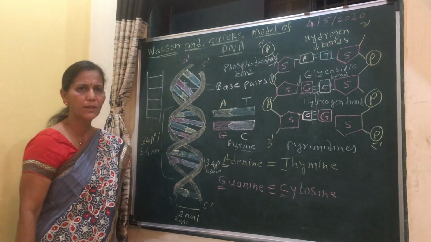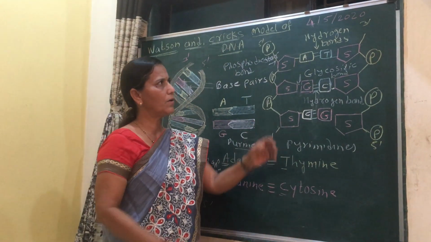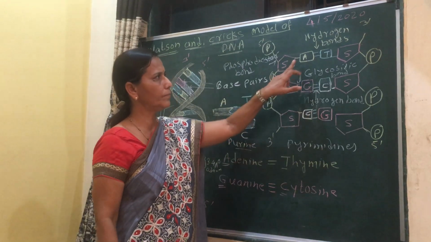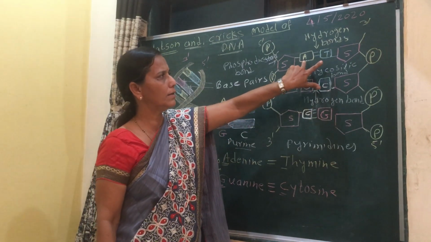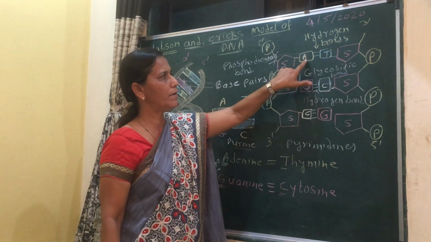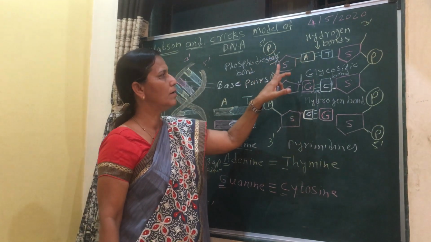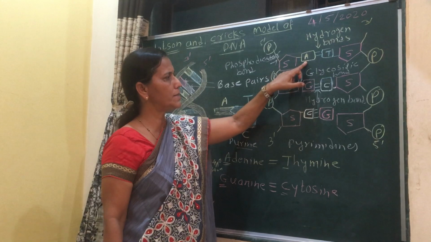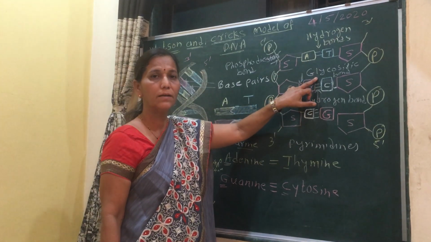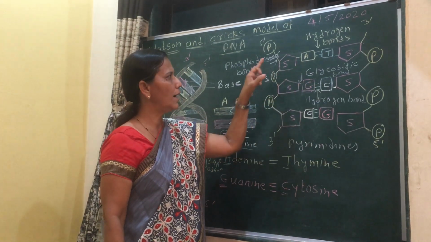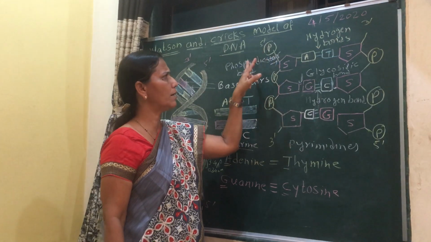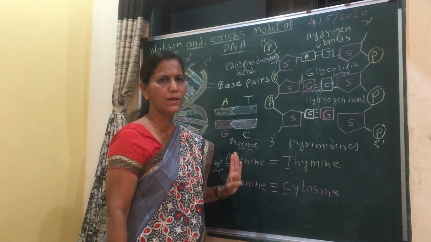This type of question is asked in NEET or any competitive exam. Again, remember this: between nitrogen bases there is a hydrogen bond, between sugar and nitrogen base there is a glycosidic bond, and in between sugar and phosphate phosphodiester bonds are present.